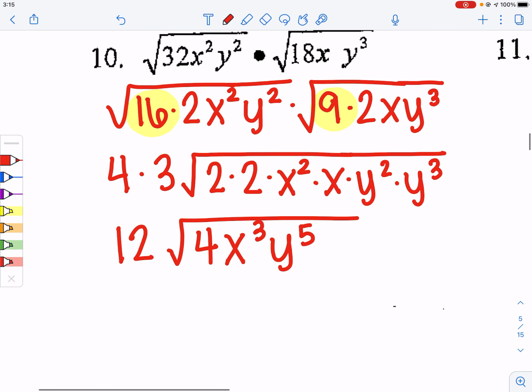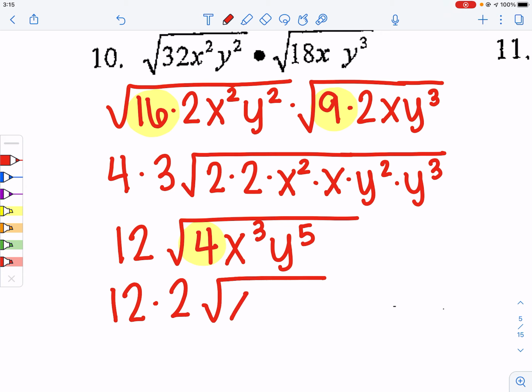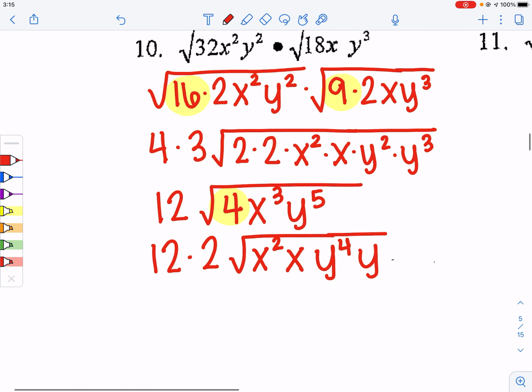All right, so from here, I know I can fix this because the square root of 4 is 2. So I'm going to do 12 times 2. Then I'm going to rewrite my variables as x squared times x and y to the fourth times y. And then from here, let's fix our variables. So 12 times 2 is 24. The square root of x squared is just x. The square root of y to the fourth is y squared.